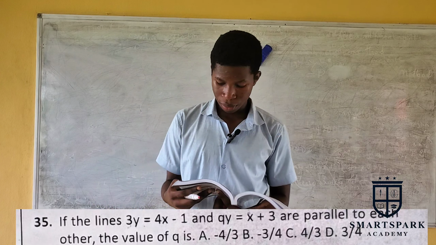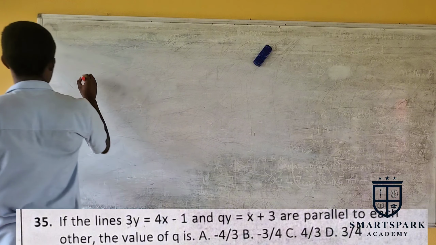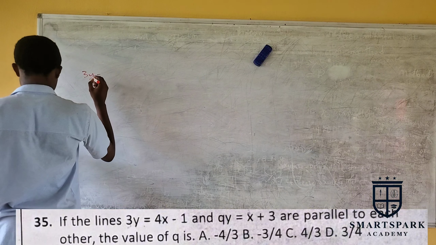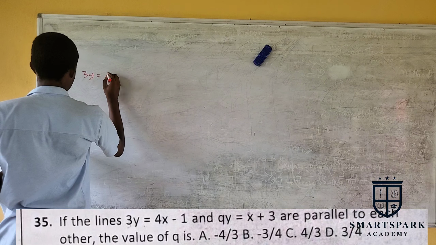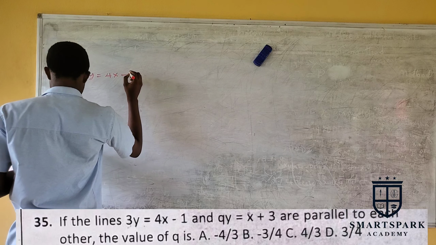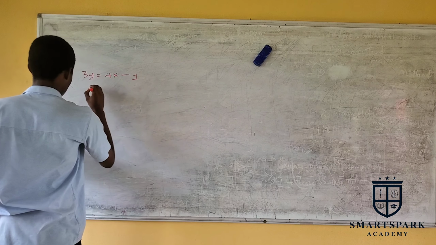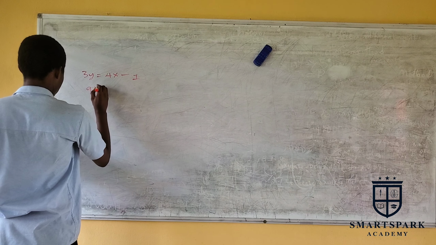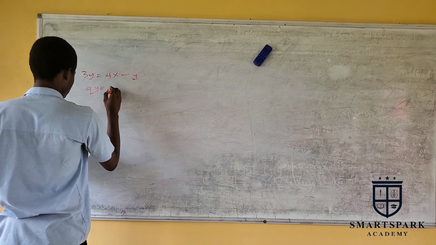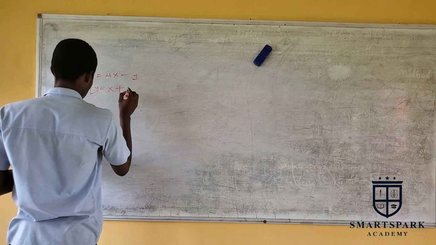Question 35. 3y is equal to 4x minus 1. qy is equal to x plus 3.